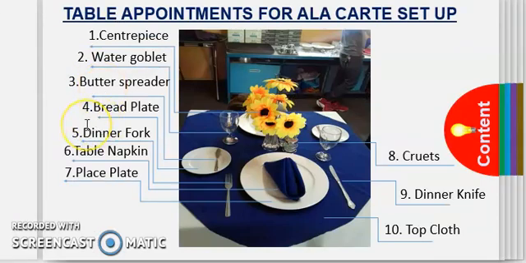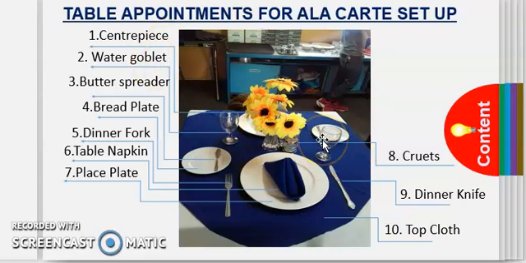So these are the table appointments for a la carte setup. What are the table appointments being used in an a la carte setup? You can see in the given picture an example of an a la carte setup. The first table appointment is the centerpiece, this one with the flower. Second is the water goblet.